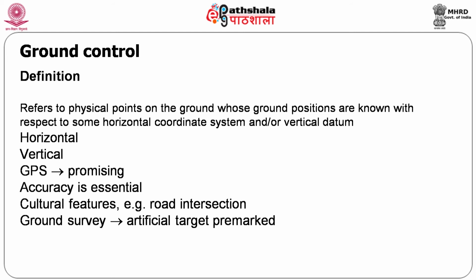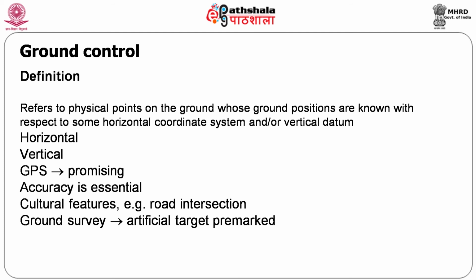Coming to the next aspect, your ground control. Why should you require ground control? Because, as I told you, to understand where I am with respect to the earth surface, the latitude, longitude or the coordinate system, we have to have a ground control. They have physical points, which as I told you are very important, and these will have a reference to a coordinate system or a vertical datum.